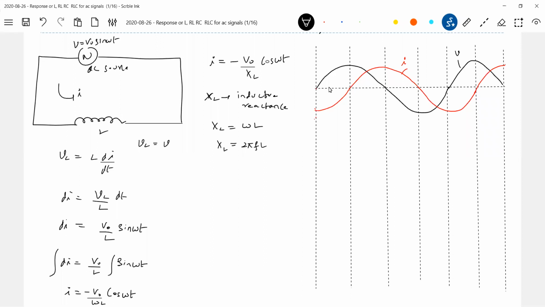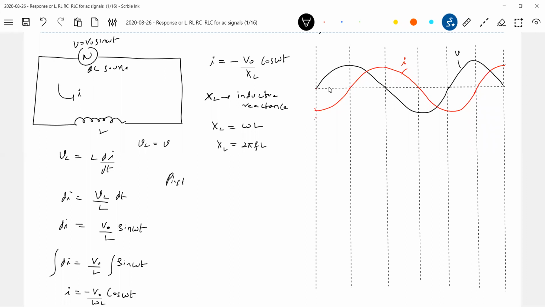And then what about the next? We'll go for the power. This is about XL, the inductive reactance. What it does is make the current lag the applied voltage. That's what the reactance does here. So let's go for the power calculation.